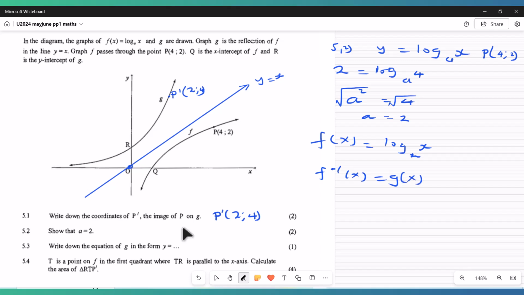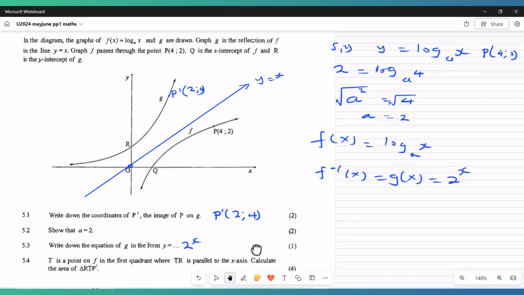It's going to be 2 to the power x. So we say y equals 2 to the power x, because the inverse of log is the exponential function. Don't forget that the base must be the same.